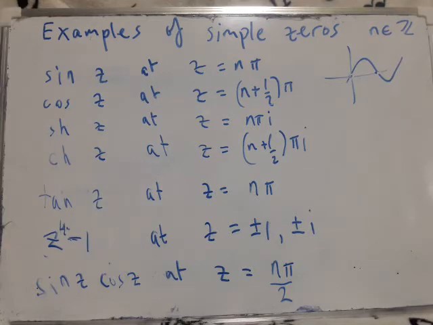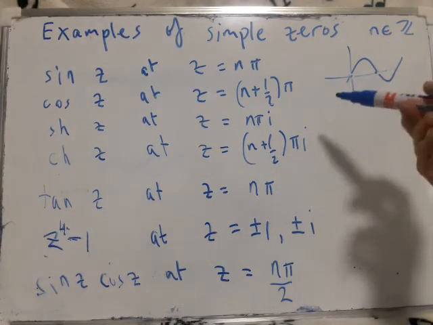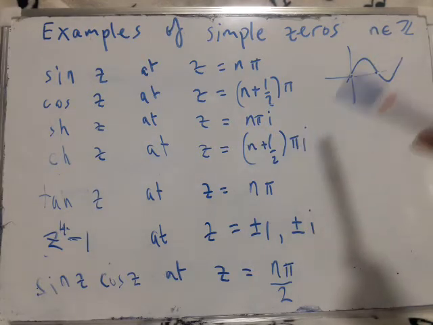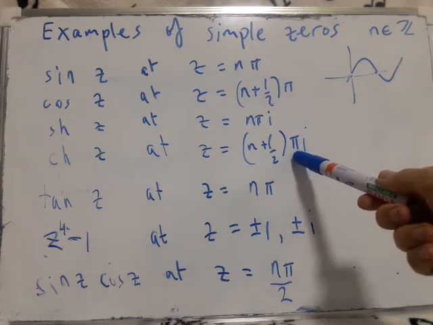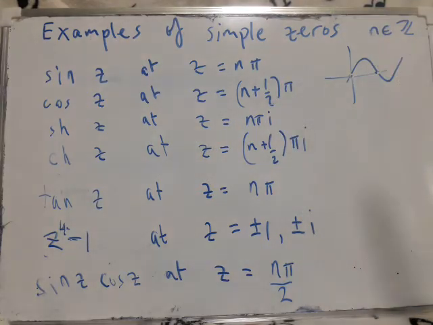Here, we can't really draw a graph so easily, but if you like, you can differentiate sinh and get cosh and realize that cosh of n pi i, of course, is cos of n pi, which is plus or minus 1, or minus 1 to the power n. Similarly, if you differentiate cosh, you get sinh, and sinh of n plus a half pi i is never 0.